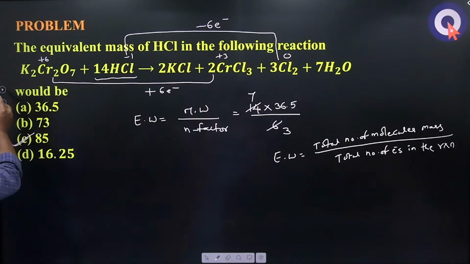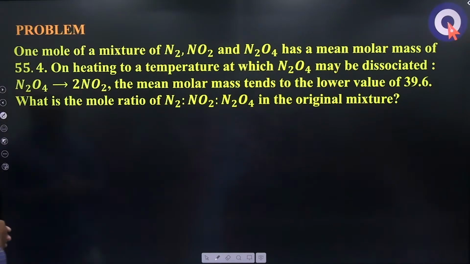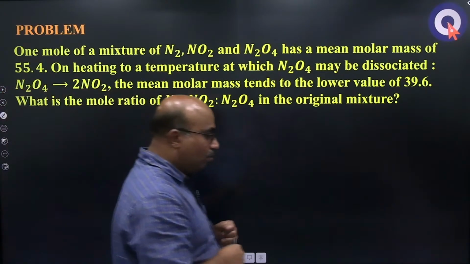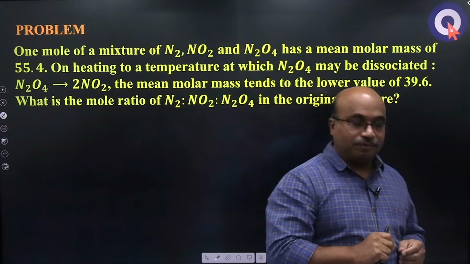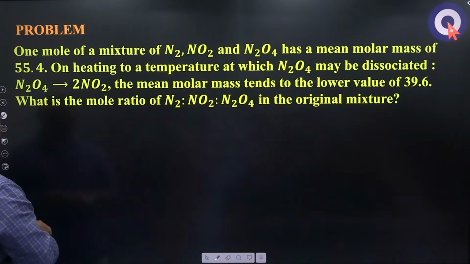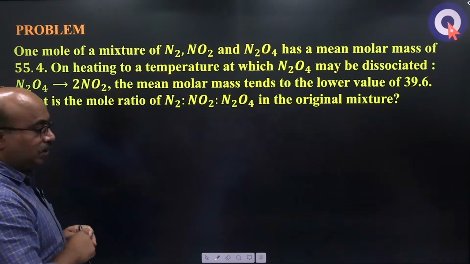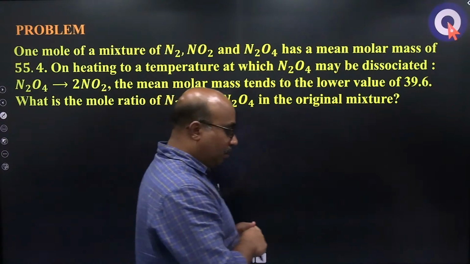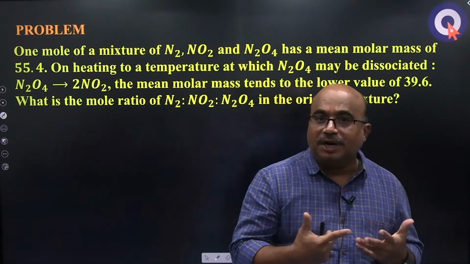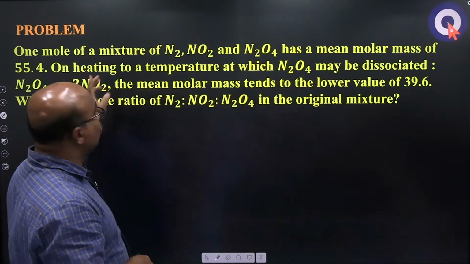Coming to this. One mole of a mixture of N2, NO2 and N2O4 has a mean molecular mass of 54.4. On heating to a temperature at which the N2O4 may be dissociated, let us say completely, N2O4 is completely converting into 2NO2.